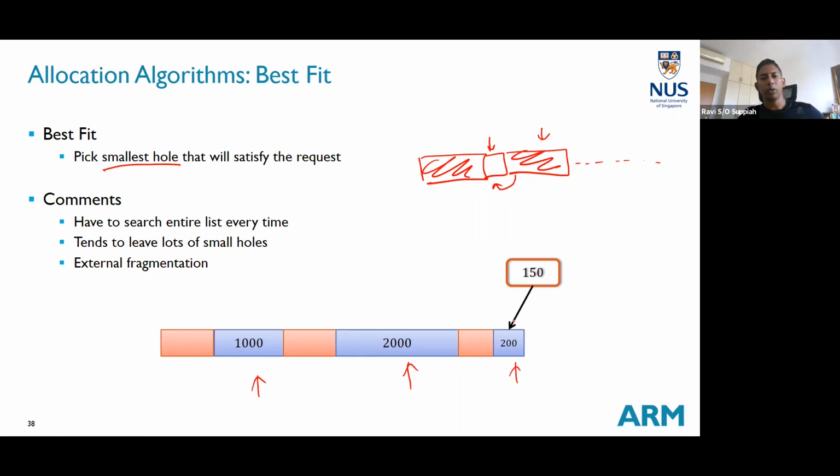Though it is good that I look for the smallest hole that is just right for this, it leads to me having to search the entire list every time, and also tends to leave a lot of small holes. After I allocate, you can see that I will still have another small chunk of 50 that is still available as a whole. So it leads to a lot of external fragmentation.